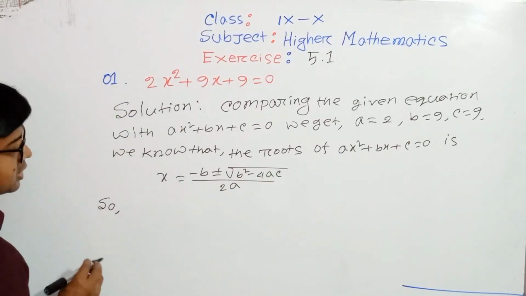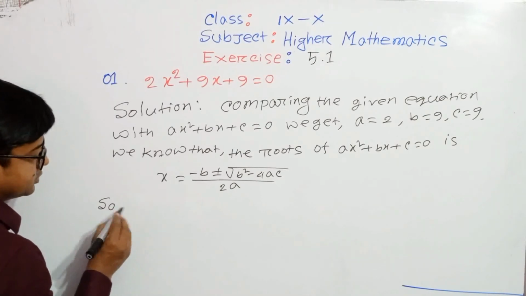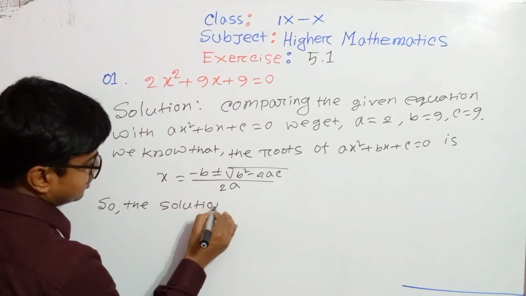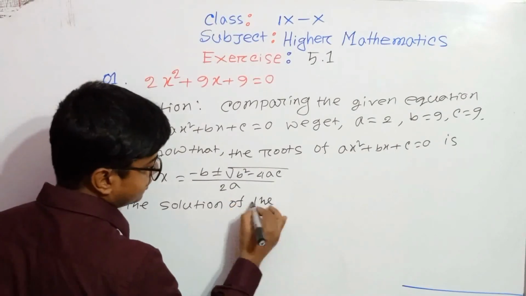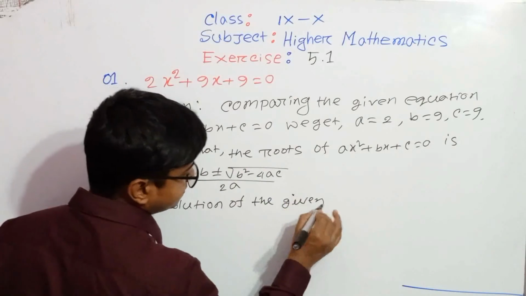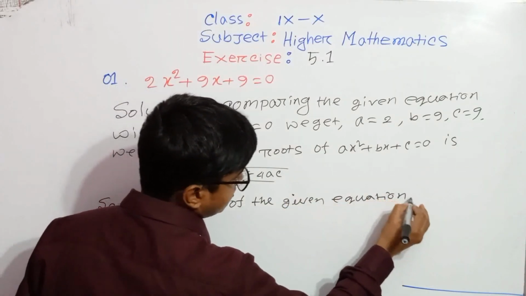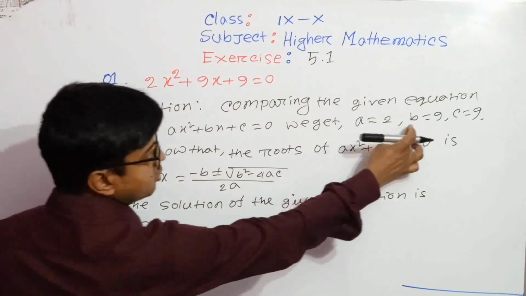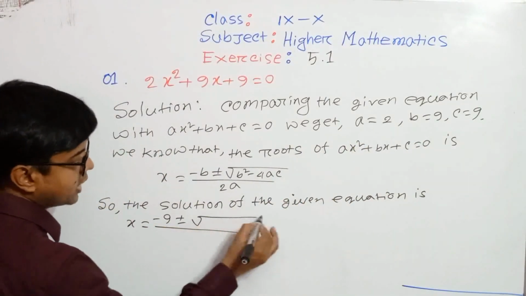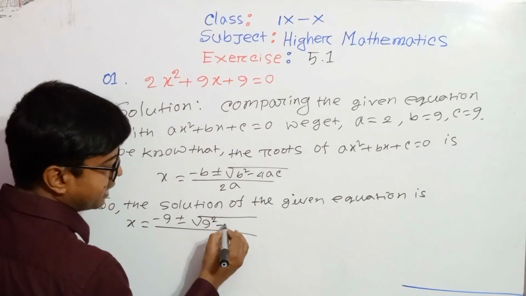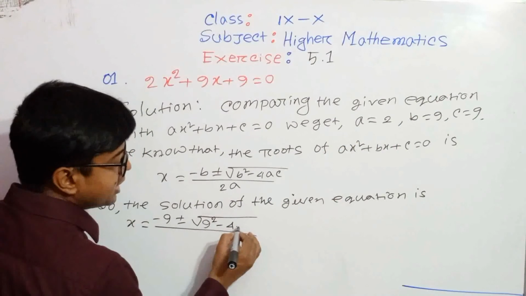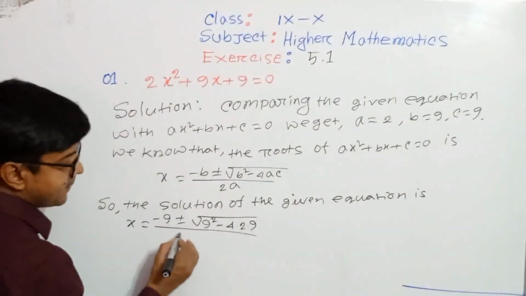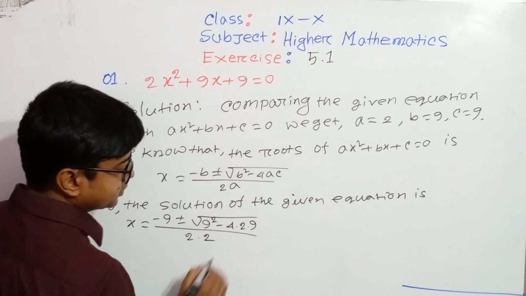So the solution of the given equation is x equals minus b, which is minus 9, plus or minus square root of b square, that means 9 square, minus 4 into a, which is 2, into c, which is 9, by 2 into 2.